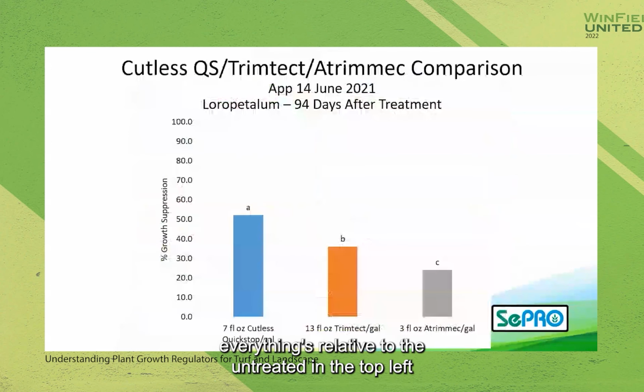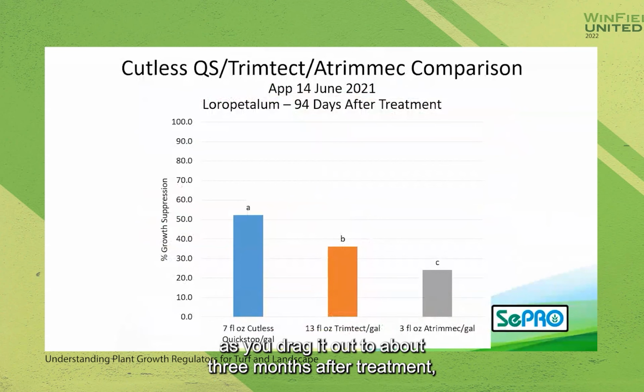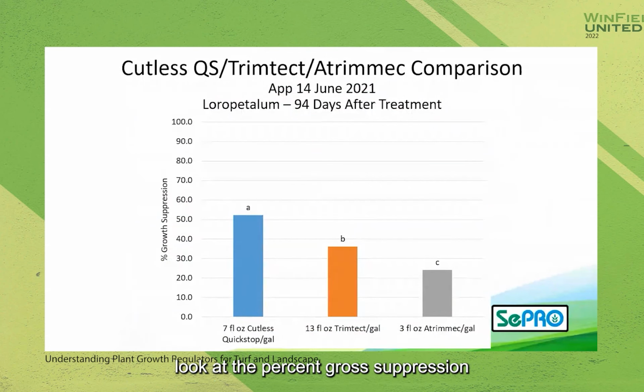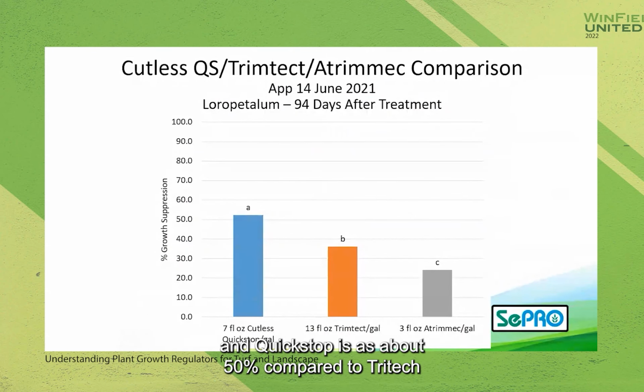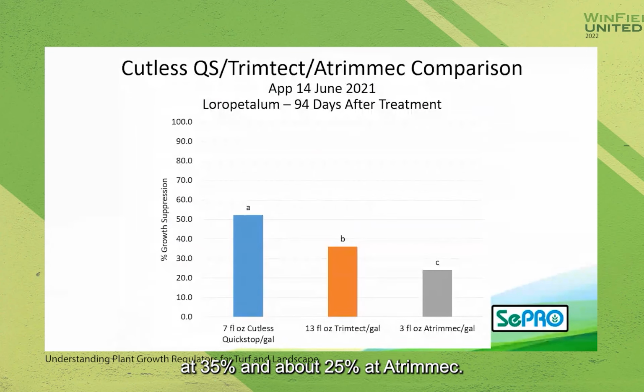Everything's relative to the untreated in the top left. At about three months after treatment, look at the percent growth suppression: Quick Stop is about 50%, compared to Trim-Tech at 35%, and about 25% at Atromec.